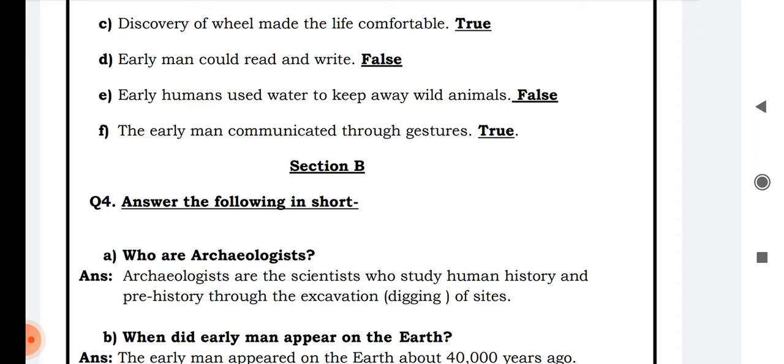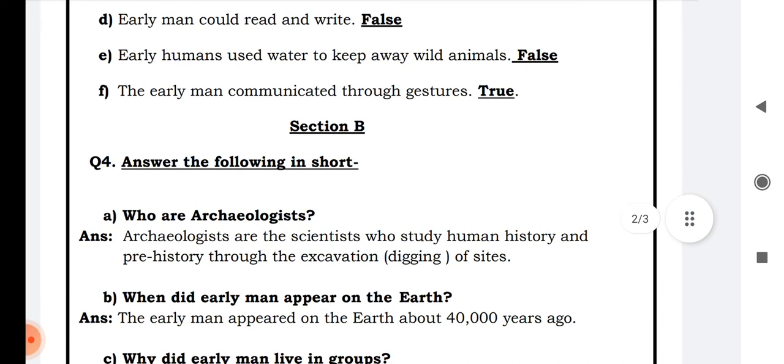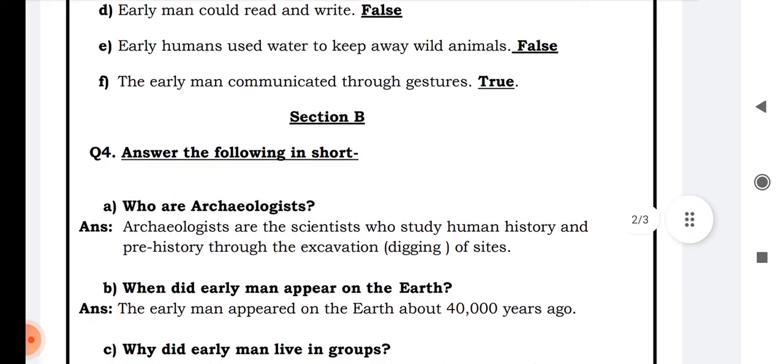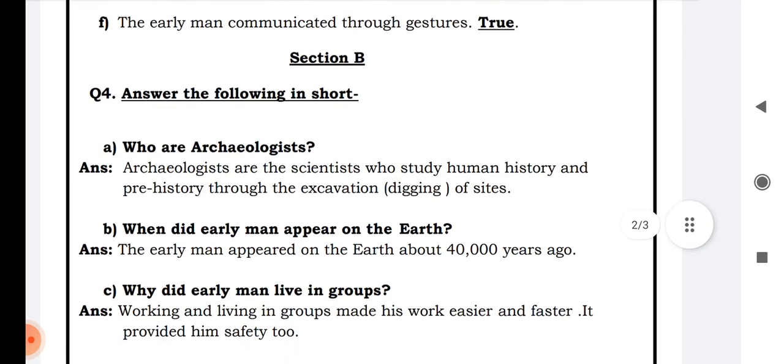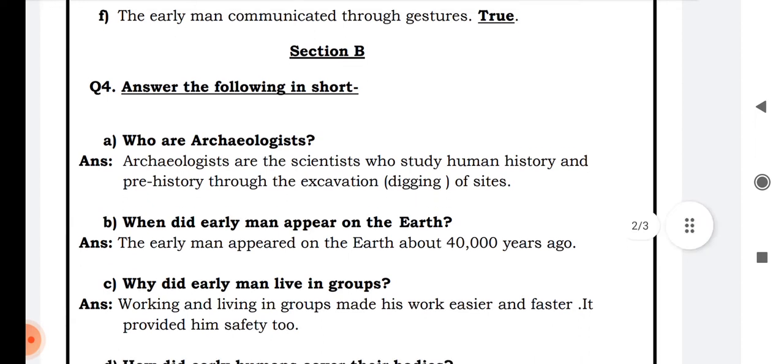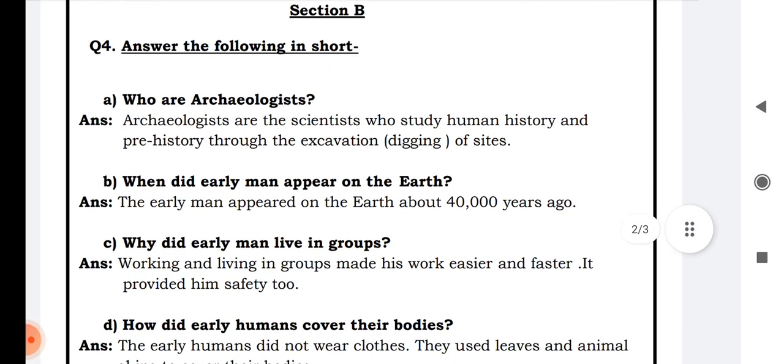True. D. Early man could read and write. False. E. Early humans used water to keep away wild animals. False. F. The early man communicated through gestures. True.